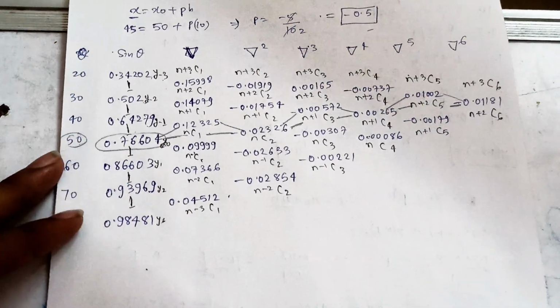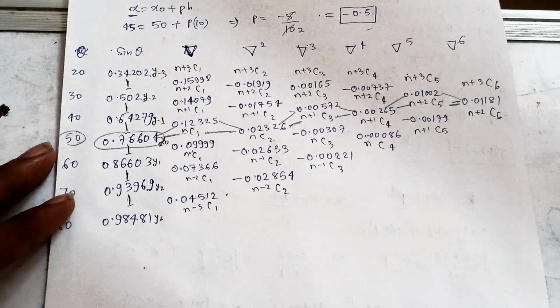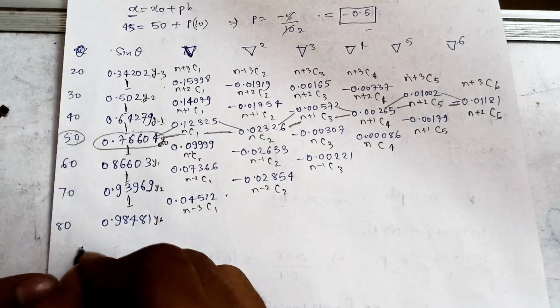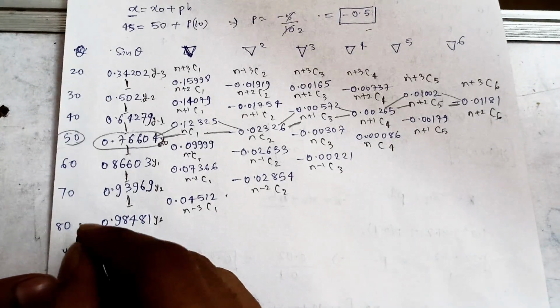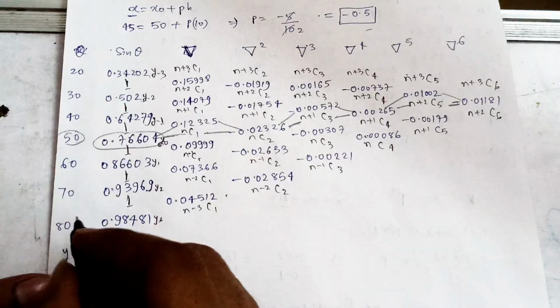So from this data, since we have formed the formula, now we're going to write the formula for this, that is sine of 45.